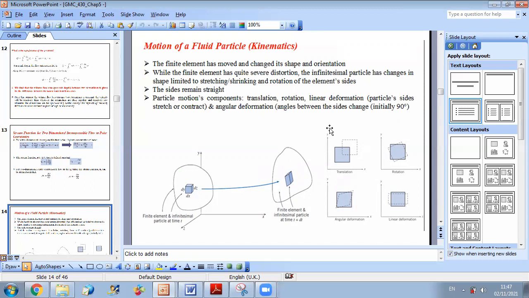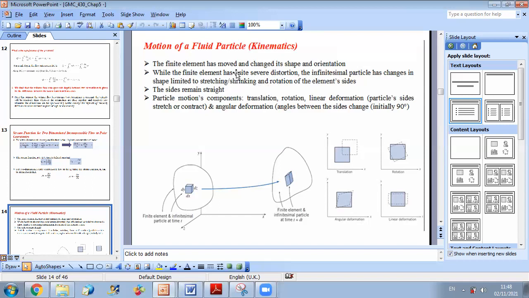So if we consider a finite element moving and changing shape and orientation, we can have several possibilities of behavior during motion. We can have severe distortion, we can have an infinitesimal particle changing in shape, so it can undergo stretching or shrinking, and we can have rotation of the element sides.